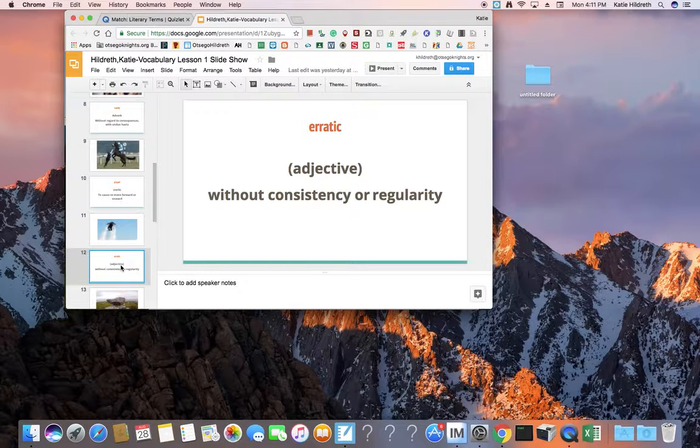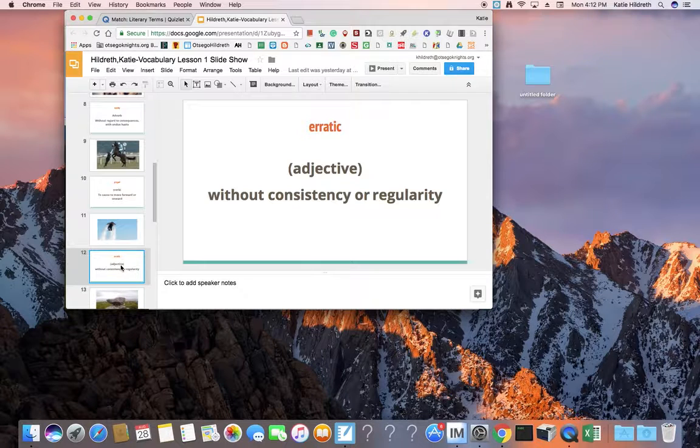Our next word is erratic, and it's an adjective. If you remember, adverbs describe verbs, adjectives describe nouns and pronouns. So they're telling us about someone or something without consistency or regularity. That means you don't do it on a regular basis, or you don't do it over and over again.